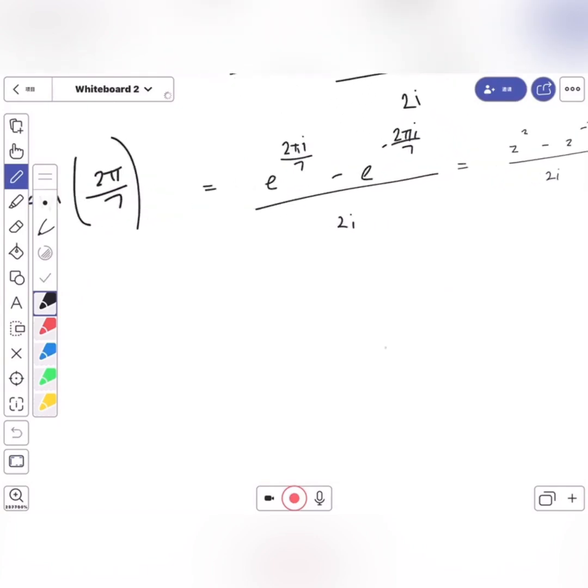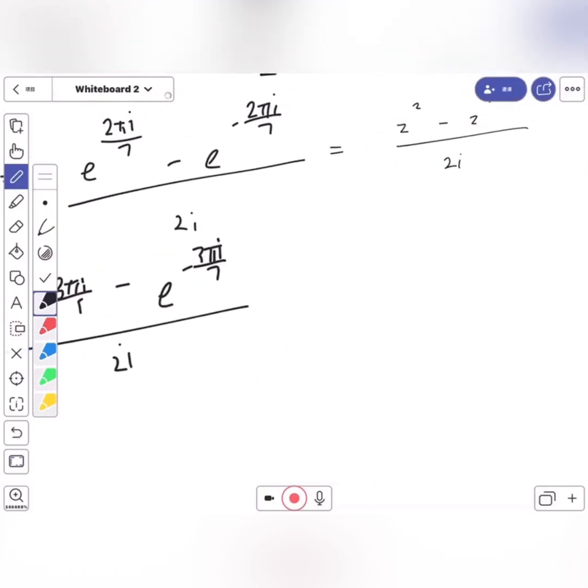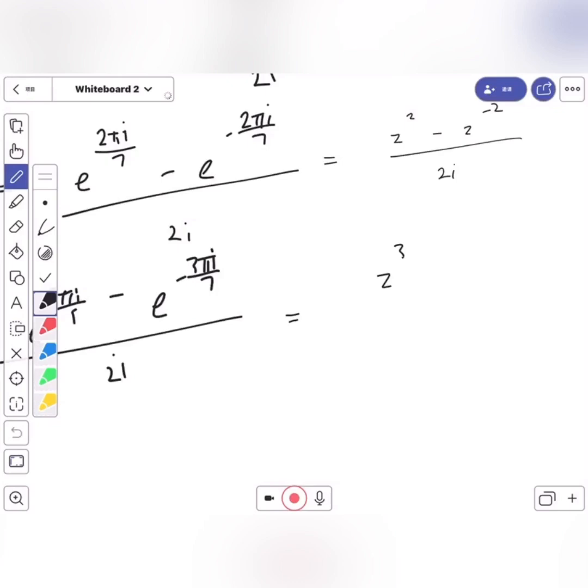So sine of 3 pi over 7 is equal to e to the 3 pi i over 7 minus e to the negative 3 pi i over 7, divided by 2i, which is simply equal to z cubed minus z to the negative 3 power over 2i.